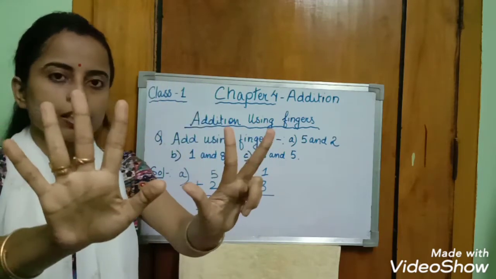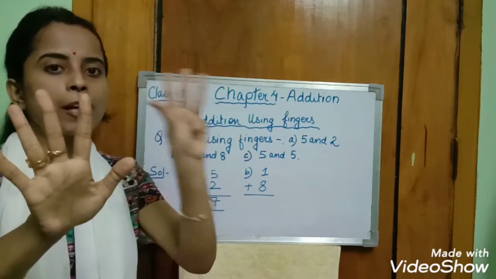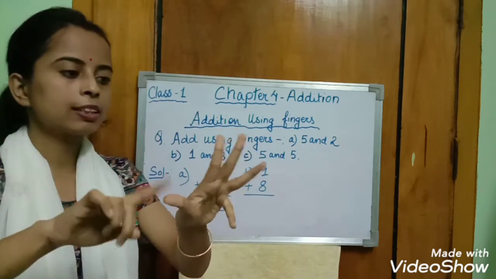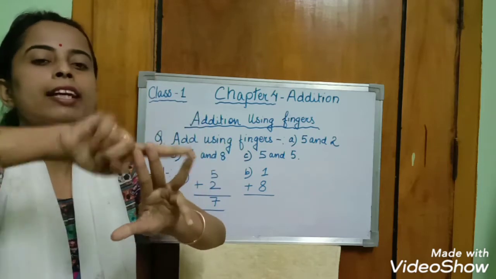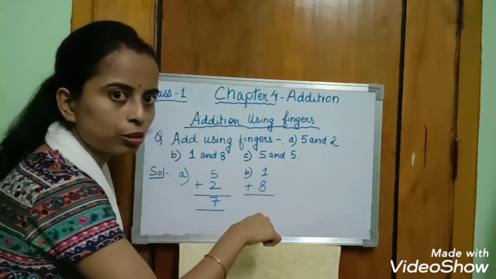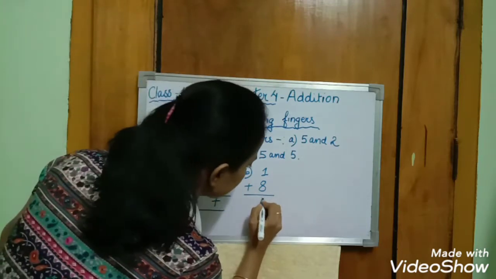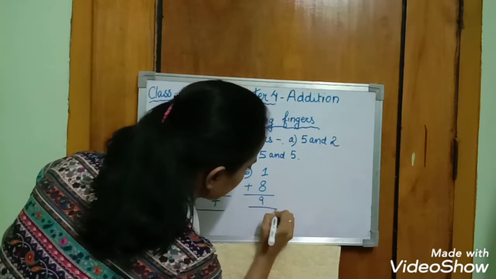So these are 8. Now plus 1. What is the total? Count it. 5, 6, 7, 8, 9. So 8 plus 1 is how much, children? It is 9. Clear, children? The answer is 9.